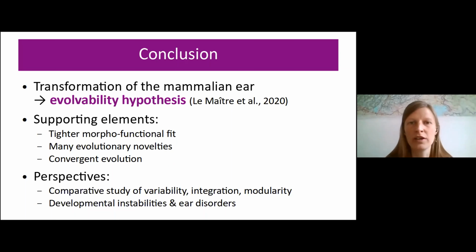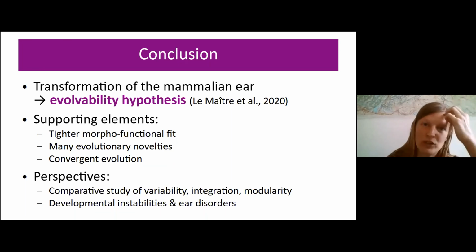For example, placental mammals versus birds, and to compare variability, integration, modularity, and morphofunctional correlation between these two groups. And we expect that in mammals you have less integration, sorry, but more variability and more modularity compared to the other group.